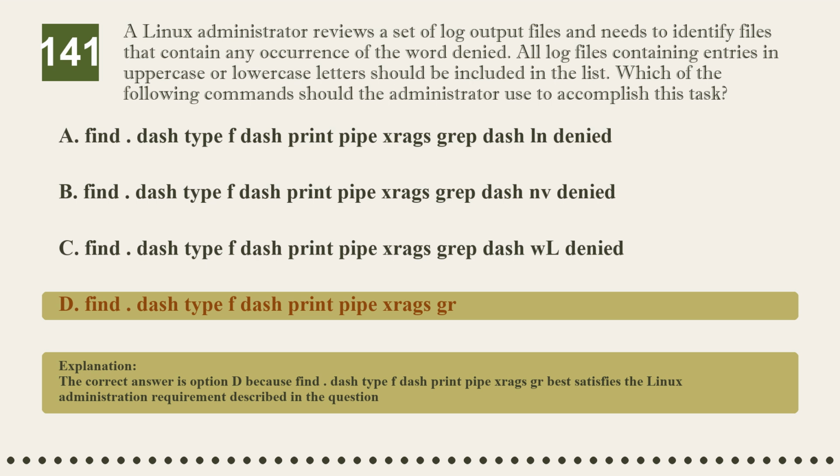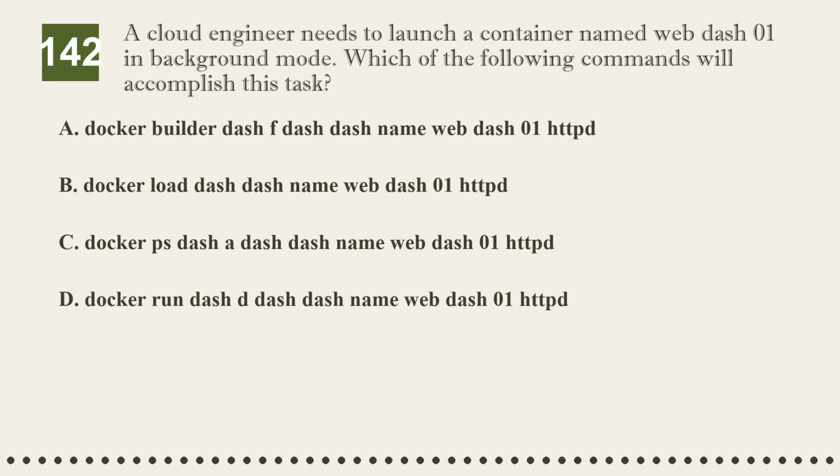Question 142. A cloud engineer needs to launch a container named web-01 in background mode. Which of the following commands will accomplish this task? Option A, docker build -f --name web-01 httpd. Option B, docker load --name web-01 httpd. Option C, docker ps -a --name web-01 httpd.